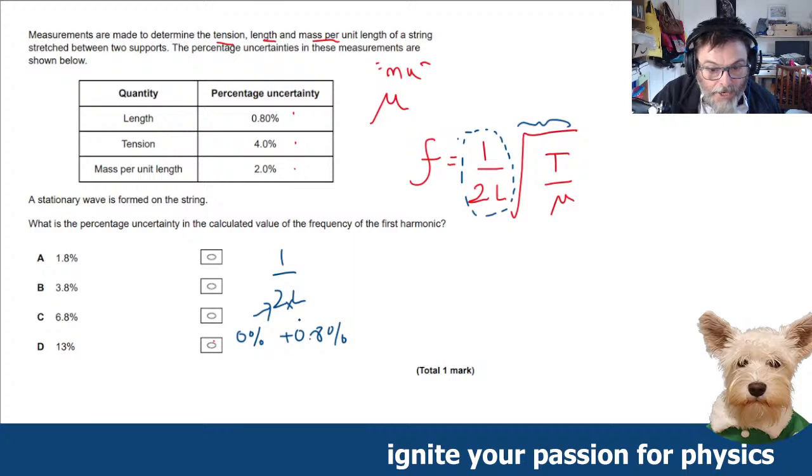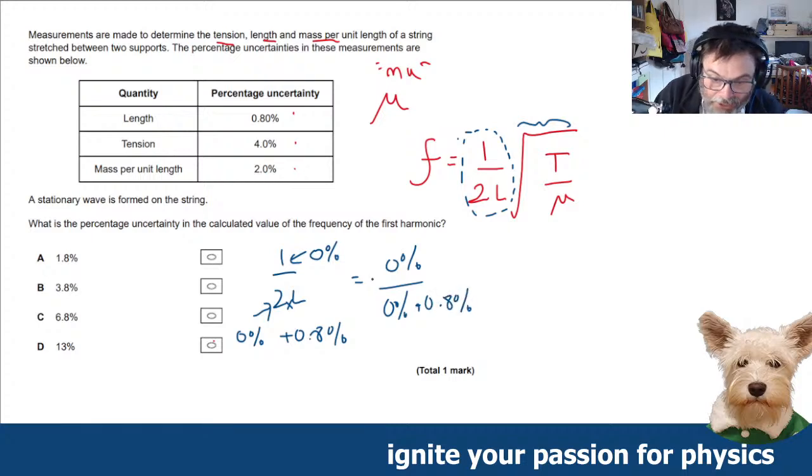Now when we divide, we just take the error on the top and divide it by the error on the bottom. Well, the error on the top is also 0 because it's just a number, or it's a perfect number, I suppose I should say. Therefore, the percentage error of this lot is going to be 0 on top over 0 plus 0.8, so 0.8%.